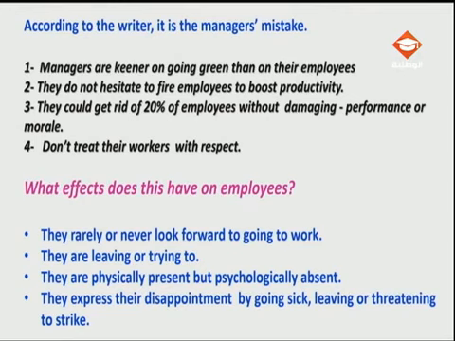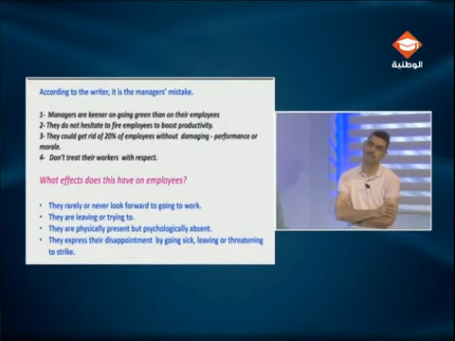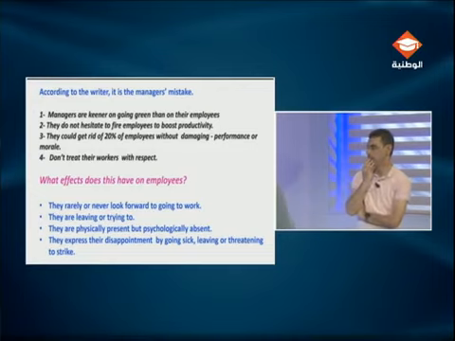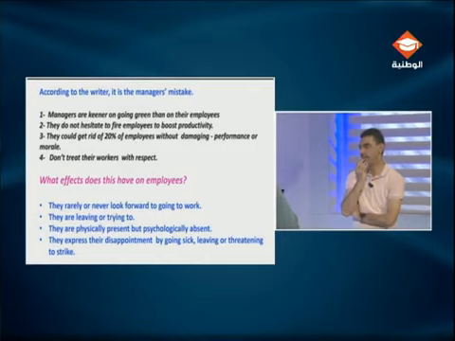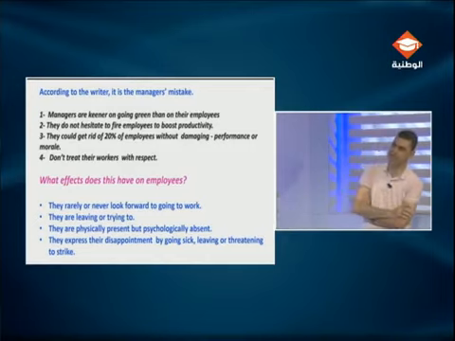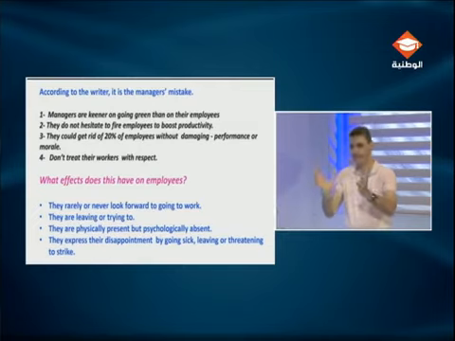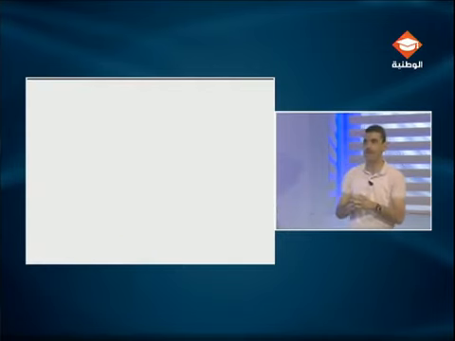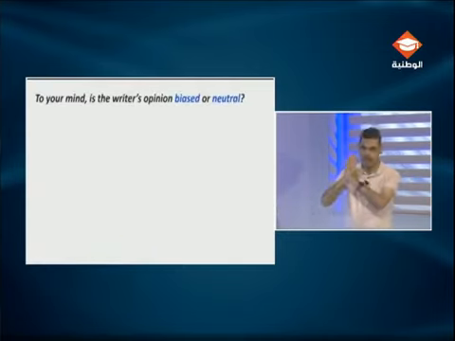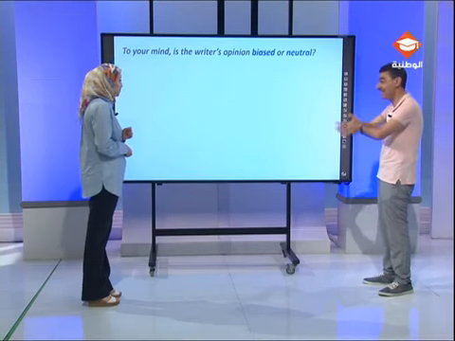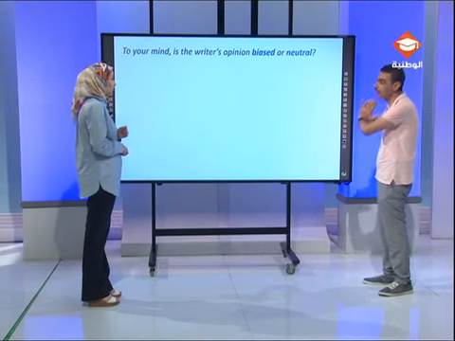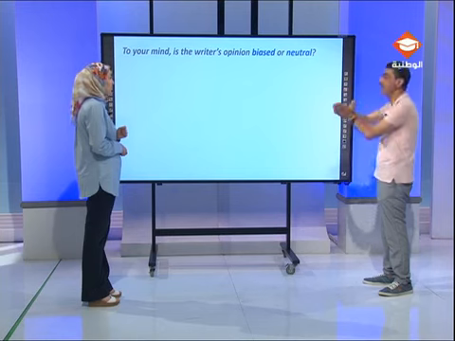Okay. Now, to your mind, is the opinion of our writer neutral or biased? Remember that he used a lot of statistics. Numbers. Yeah. In spite of using all those figures and statistics, which he used in order to cover his attitude and to seem more or less neutral, I still stick to the idea that the writer is 100% biased because he puts all the blame on managers rather than employees.